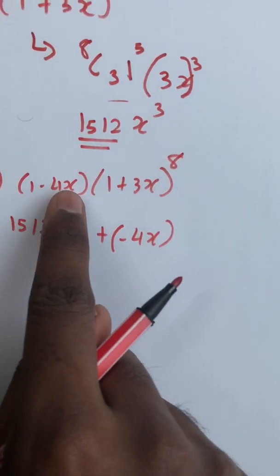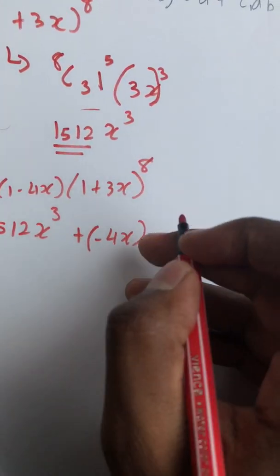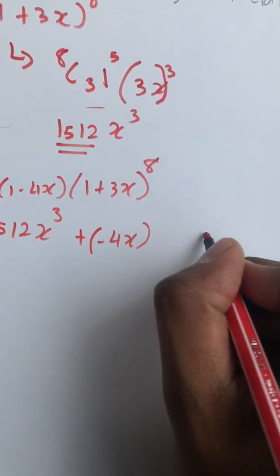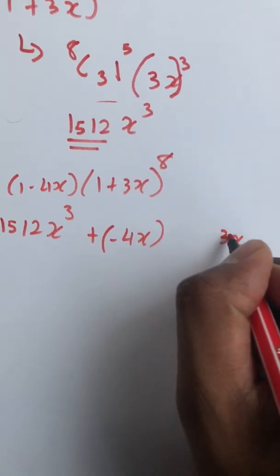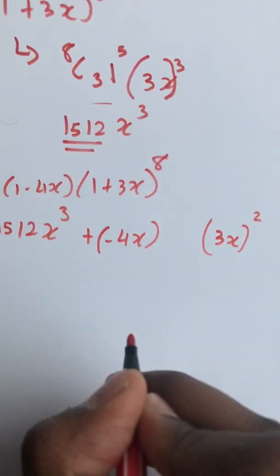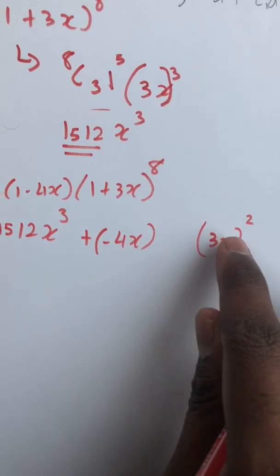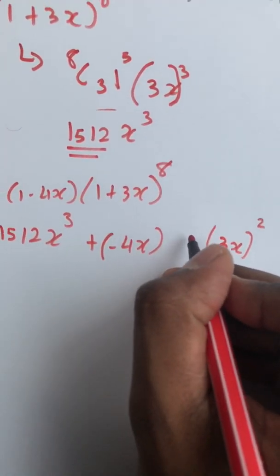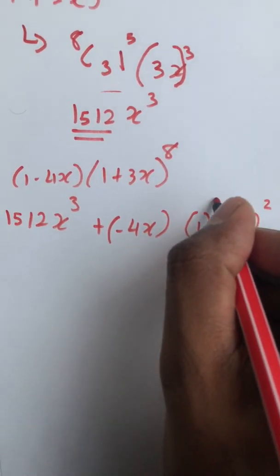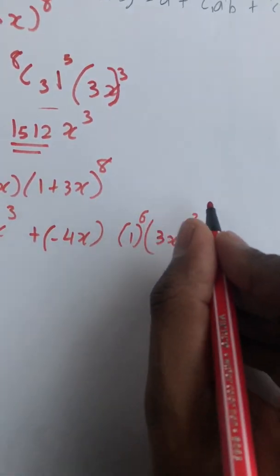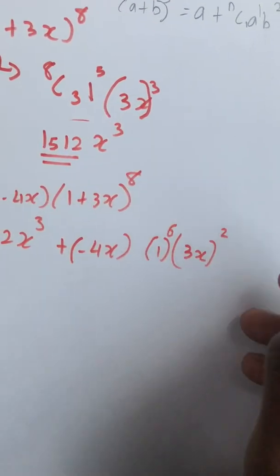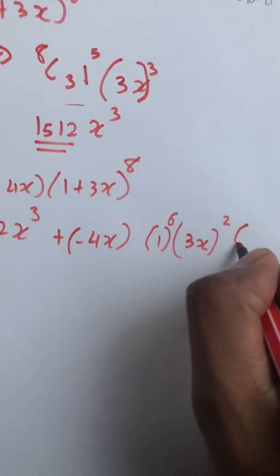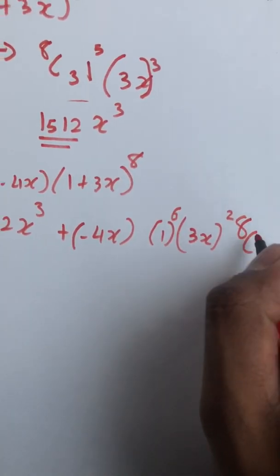We know negative 4x times 3x square. So negative 4x times 3x square gives x cube, but we haven't finished yet. If this is (3x) square, here has to be 1 power 6. Remember, 6 plus 2 is 8, so I need to write the 8 also, don't forget. So I'll put 8C2 behind. This one will follow here.